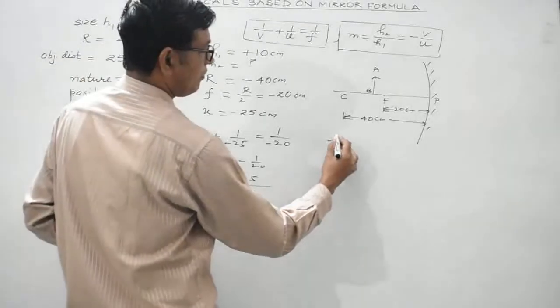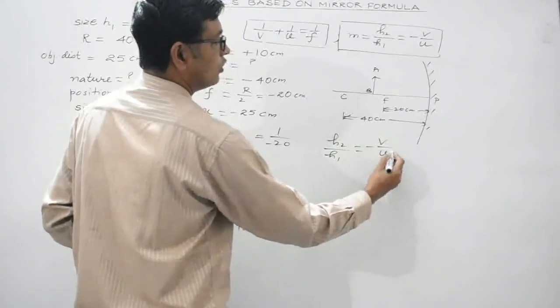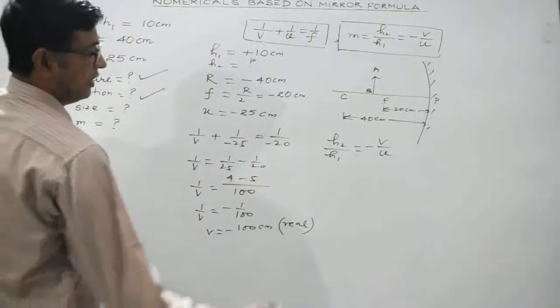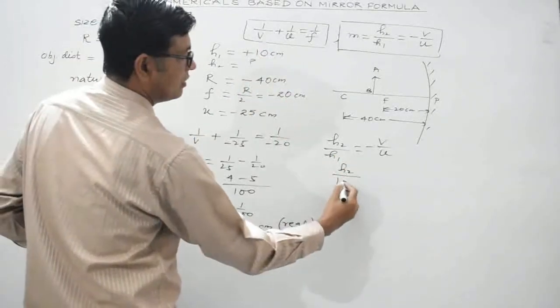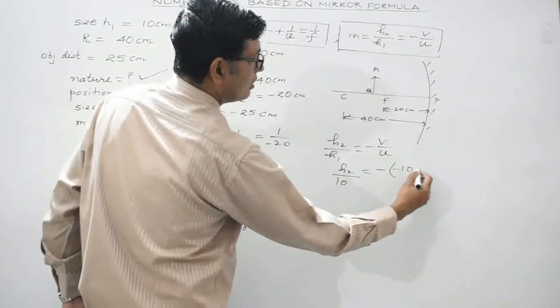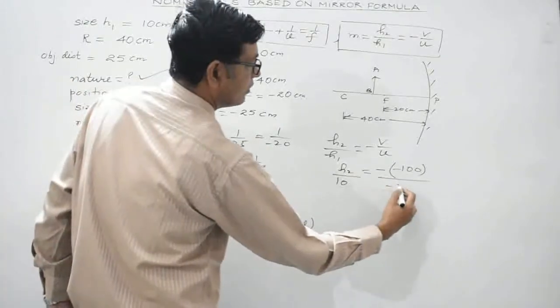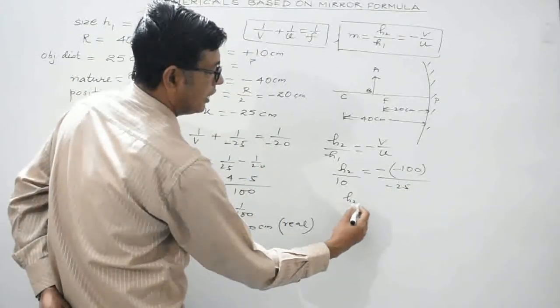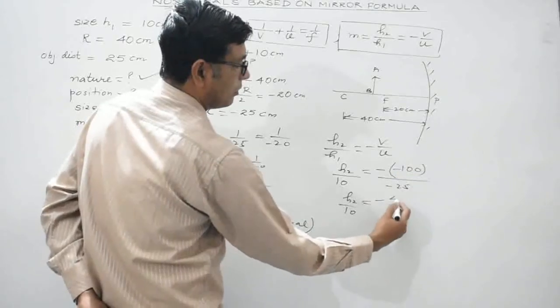Look, H2 by H1 is equal to minus V by U. We all are aware of it. H2 is to be determined. What is H1? It's given to be 10. What is V? It's minus 100. What is U? U is minus 25. So H2 by 10 is equal to, plus, so it is minus 4.